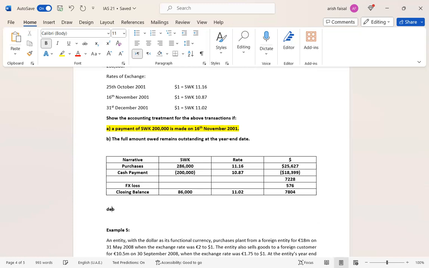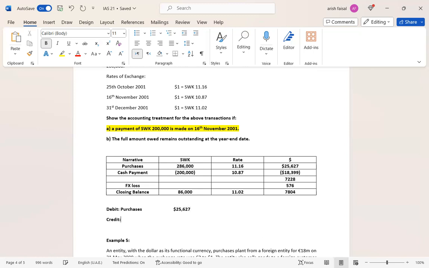So now if you want to make up the entries for it, it would be debit purchases with the amount of 25,627, right? Credit accounts payable with the amount of 25,627.